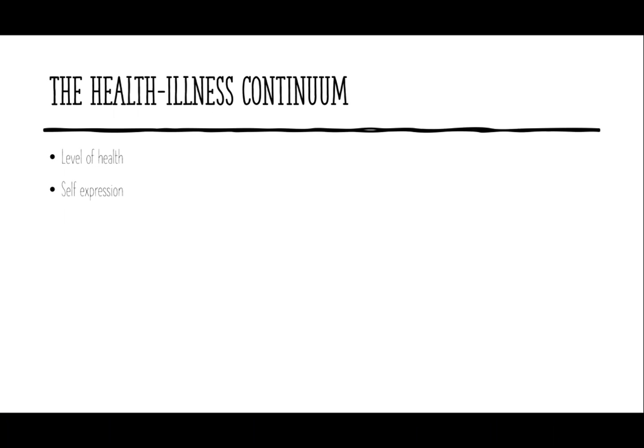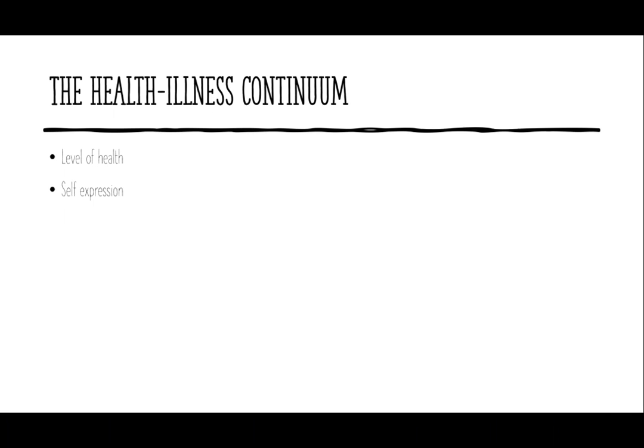The health illness continuum is a contrast of definitions of health and illness. It is kind of like a ladder where you have a high level of wellness at the top of the ladder and death at the bottom of the ladder. In between you have good health, normal health, illness, and critical illness.